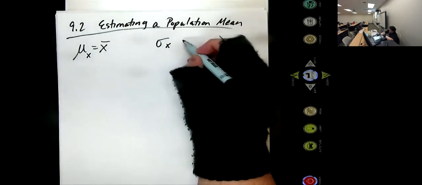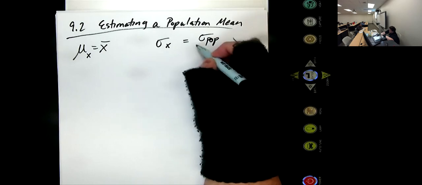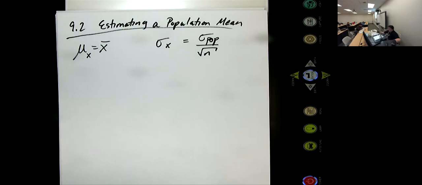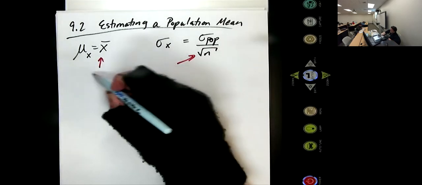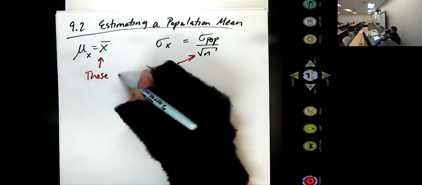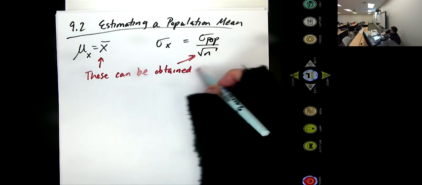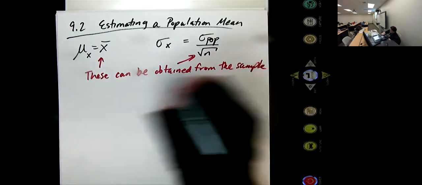And the standard deviation is the standard deviation of the population divided by the square root of n. Those are the formulas. This and this can be obtained from the sample data.